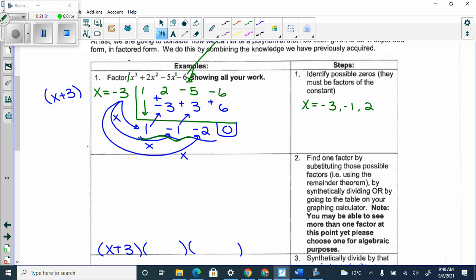This then is just 1x squared minus 1x minus 2. I can put the variables back in. So I go 1x squared minus 1x minus 2. And it's x squared because I took an x out, right? It's not x cubed anymore.